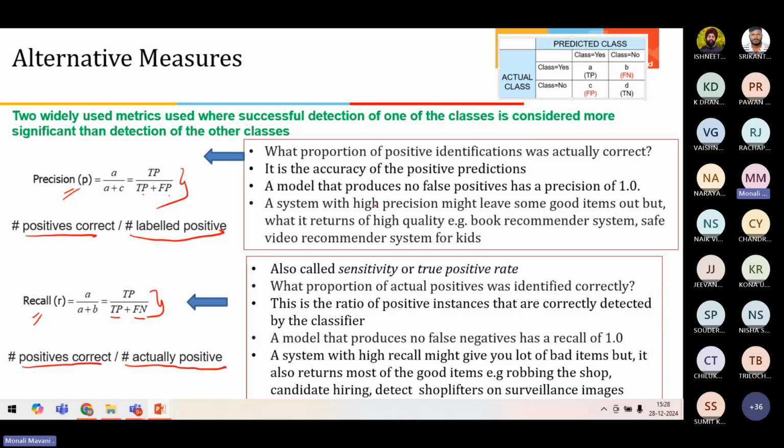Now, I've written a lot of theory. The important part is how will you differentiate when to use precision? Again, I'll take an example: a book recommender system. You don't want to annoy your customers. Say Amazon is recommending books. We don't want to recommend 100 books to the customer where only 10 are true positives, the ones your customer will like, and the rest of the 90 your customer will not like.